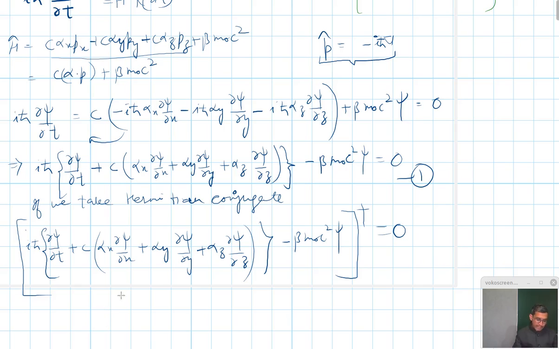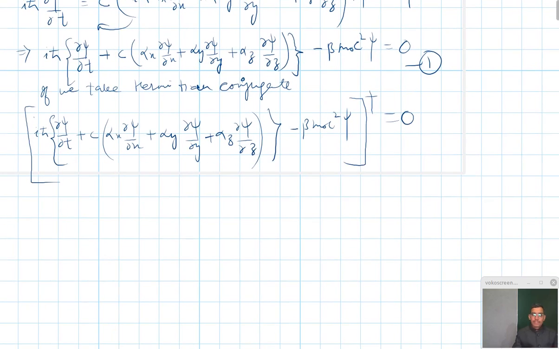Now I will apply a very simple result: if I have (a b) whole dagger, then it can be written as b dagger a dagger.